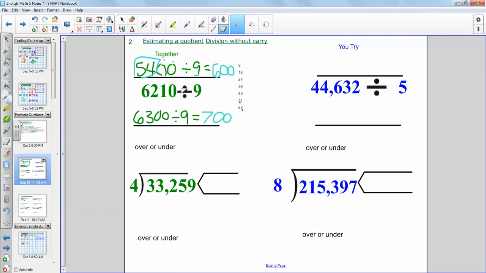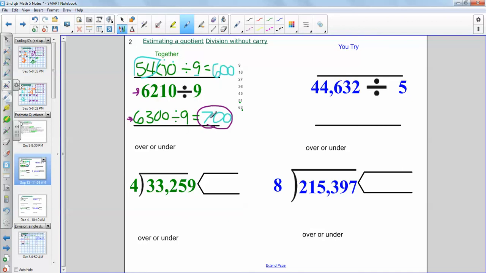Am I going to get a more accurate answer if I round this number to 6,300? Or will I get a more accurate answer if I round 6,210 to 5,400? Which one's going to give me a better answer? Well, 62 is closer to 63, right? So which one's going to be a better estimate? 700 is going to give me a closer estimate.